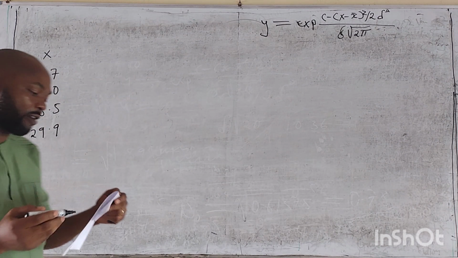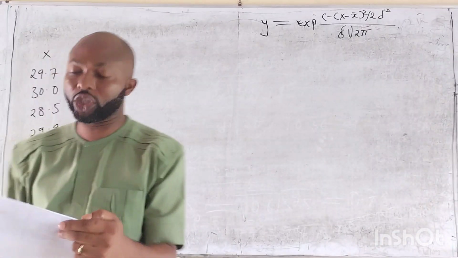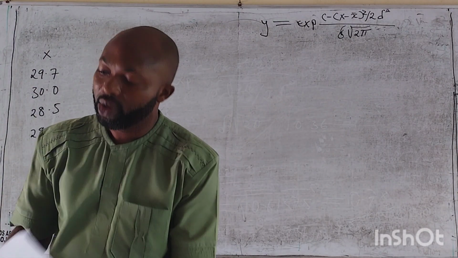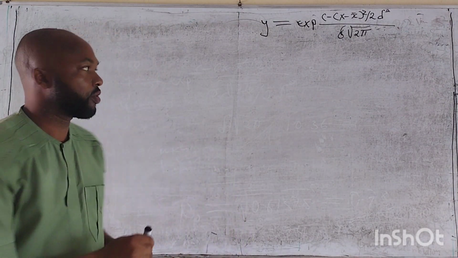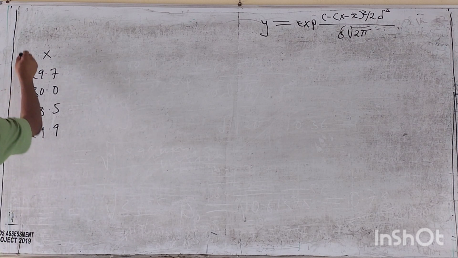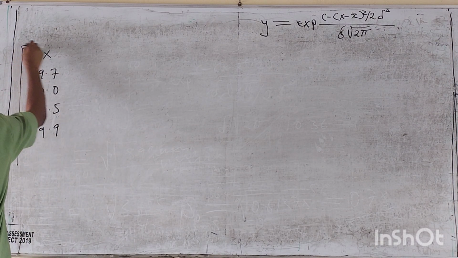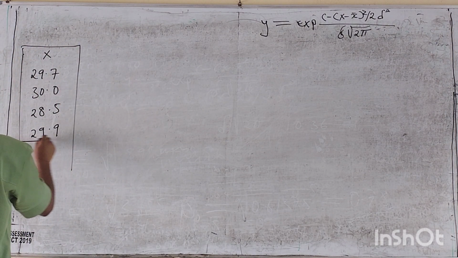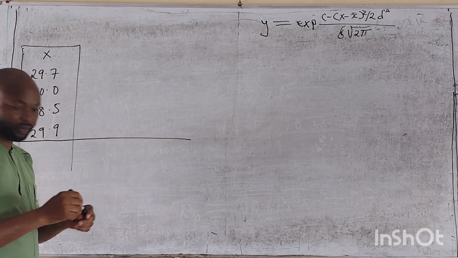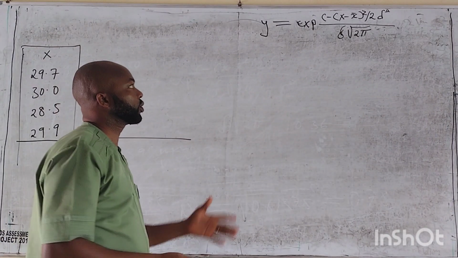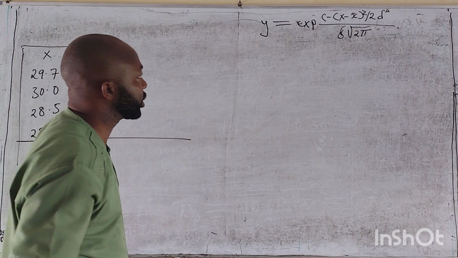So we should plot it and find out if it is a Gaussian or a skew plot. For us to do that, remember, in the course of doing this, we must also know what our standard deviation is.